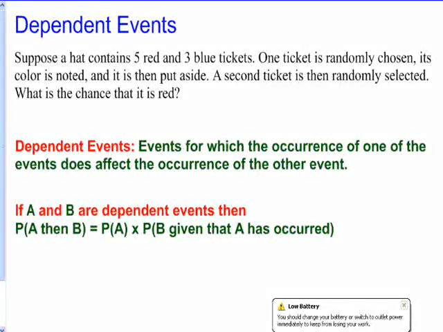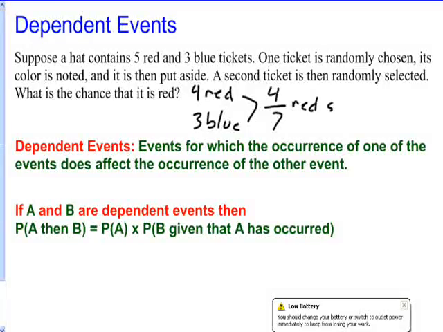We can't really tell right away what the probability of our second ticket being a red is, because for our first ticket, we do not know what was drawn. We don't know if it was a blue, we don't know if it was a red. So let's say that if it was a red one drawn, I would have had 4 reds left, and I would still have had 3 blues. So therefore, 4 out of 7 chance I would have drawn a red on the second try.